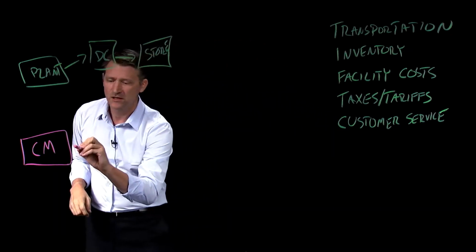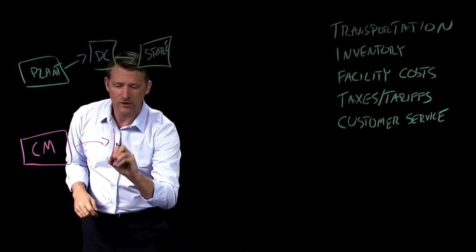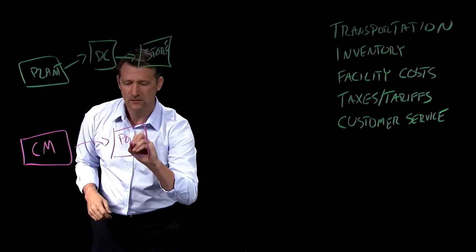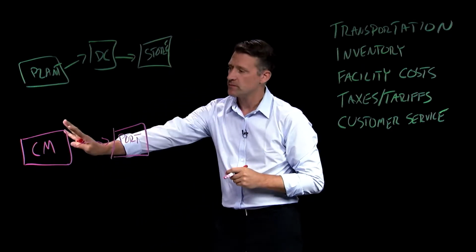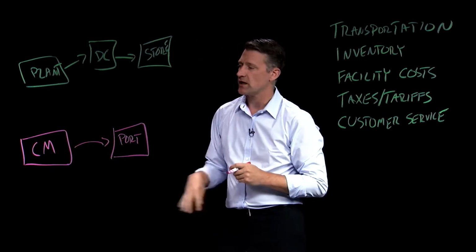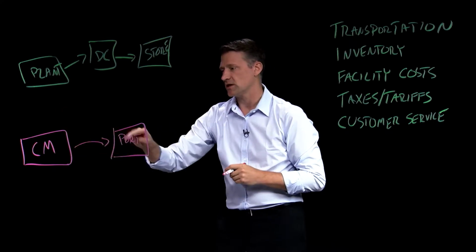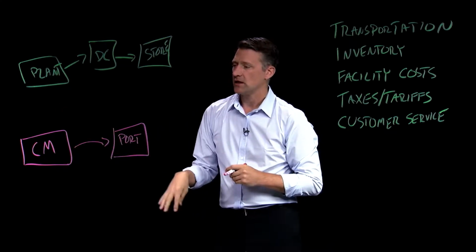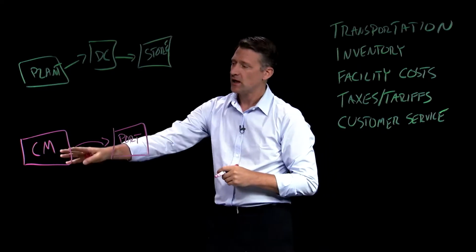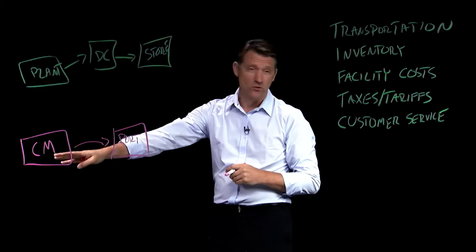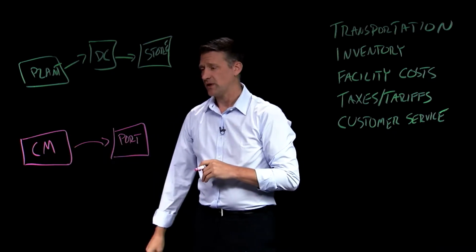And then they're going to ship those products probably from far away to a port. And so we may be manufacturing these far away in, let's say, Malaysia, and then shipping them into Rotterdam or somewhere in Europe to a port to take them off of a ship, or maybe they're being shipped by air.